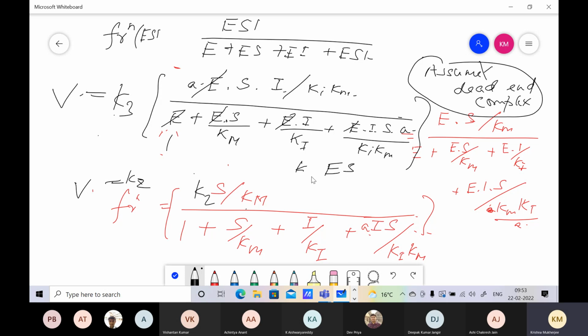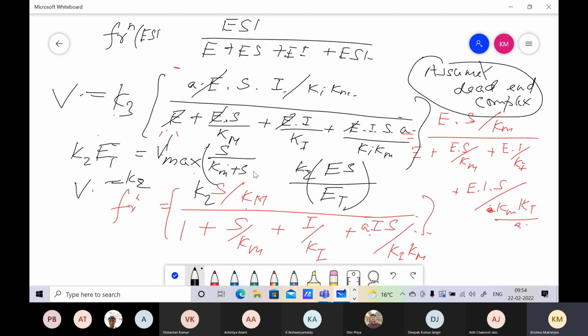So reaction is K2 ES, and divide it by ET. Remembering that K2 ET, when every molecule is involved in the forward reaction, is nothing but Vmax, the maximum reaction. But you have K2 into fractional saturation. So this here is Vmax into whatever is the fractional saturation. In the simplest Monod kinetics, it was S upon Km plus S.